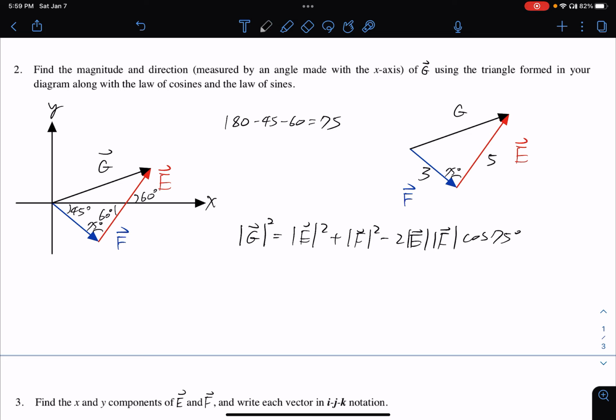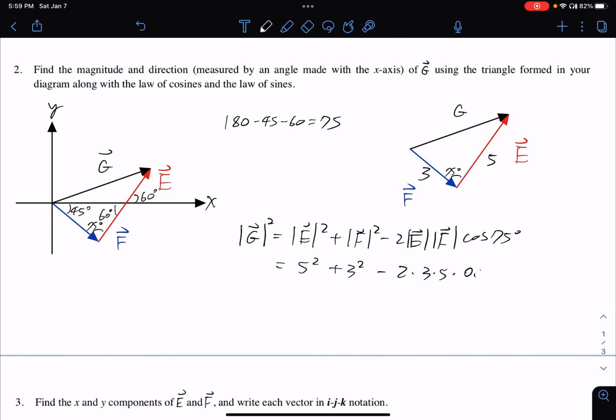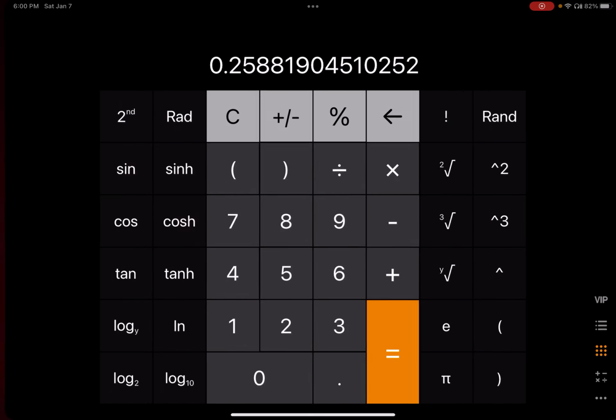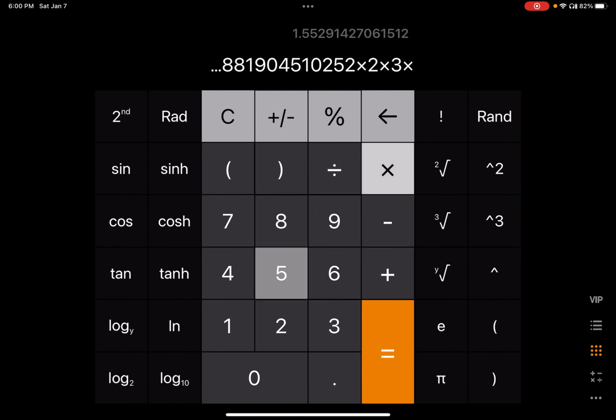Now we can plug in the numbers. Vector E has the length of 5, F has the length of 3, and cosine 75 degrees is approximately 0.259. We need to multiply cosine times 2 times 3 times 5.